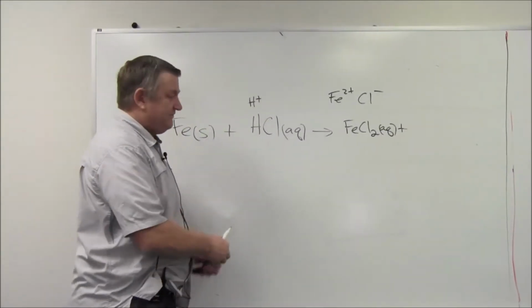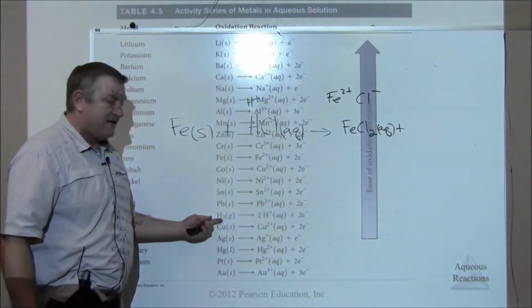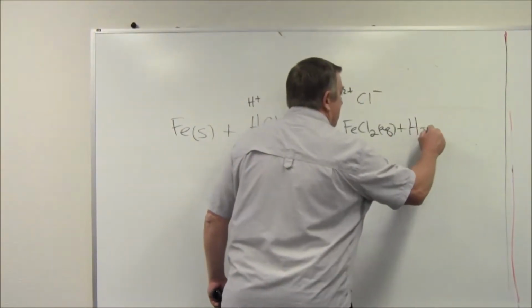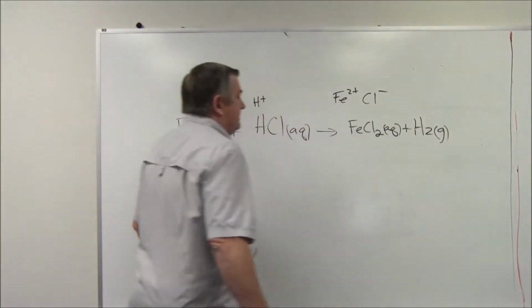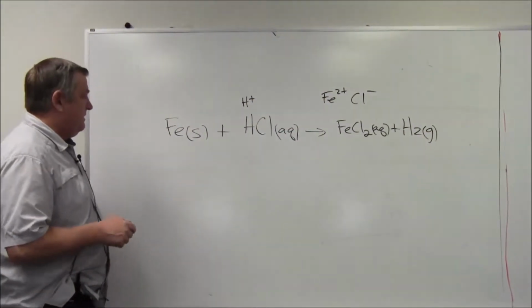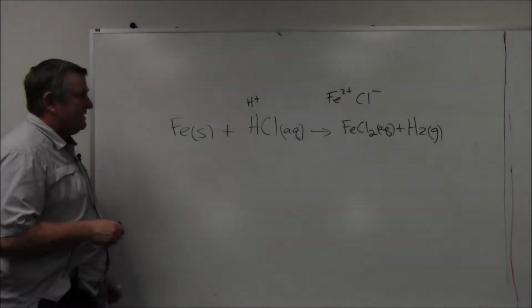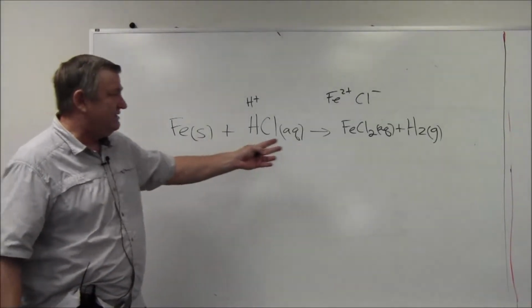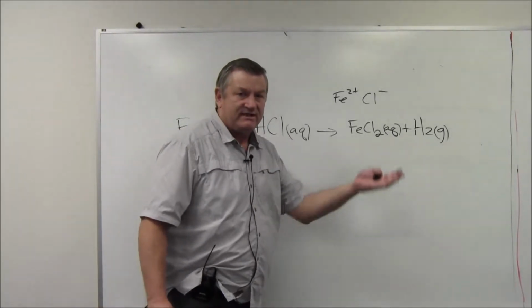And on the table, the neutral form is H2 gas, elemental form. So, sure enough, this is a redox reaction and single displacement. And you'll see little bubbles in the solution because the hydrogen gas is going to bubble out.